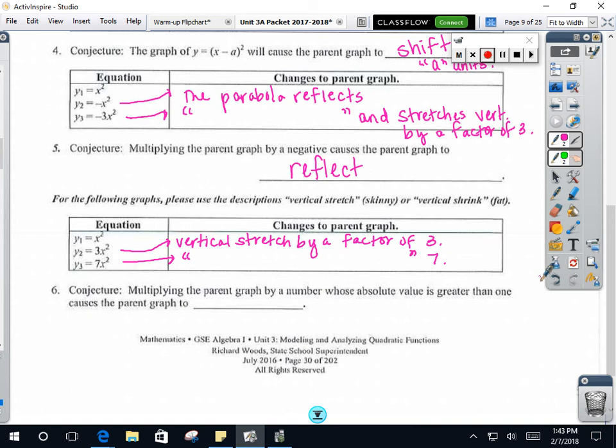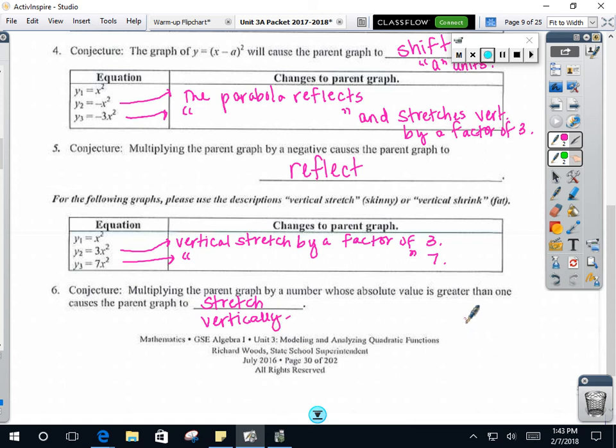And they'll call that a factor. Okay, so multiplying the parent graph by a number whose absolute value is greater than 1 causes the parent graph to stretch vertically. Okay, and the larger that number is, the skinnier the parabola gets, because the more stretched out it is.